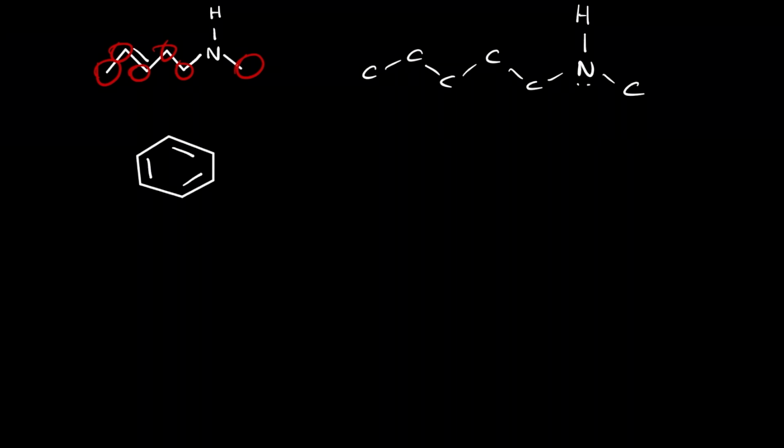Finally, we're going to look at benzene. Once again, don't get intimidated. Count the line ends. 1, 2, 3, 4, 5, 6. 6 carbons. I have 6 carbons here. The double bonds, you don't look at the line ends.